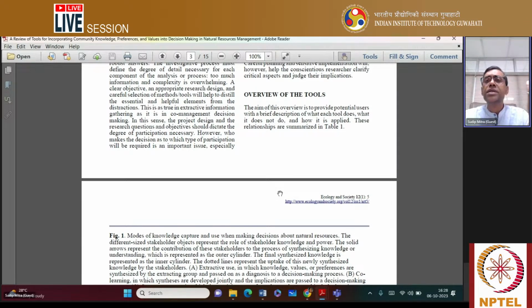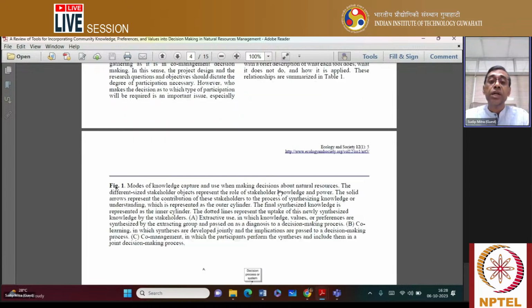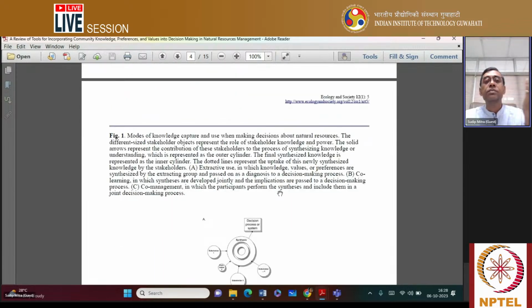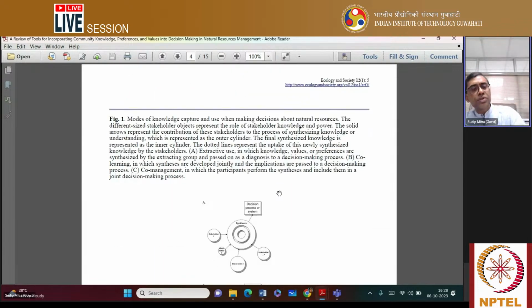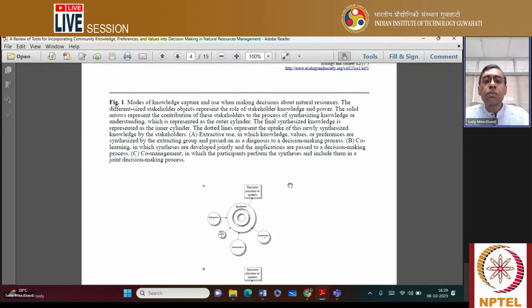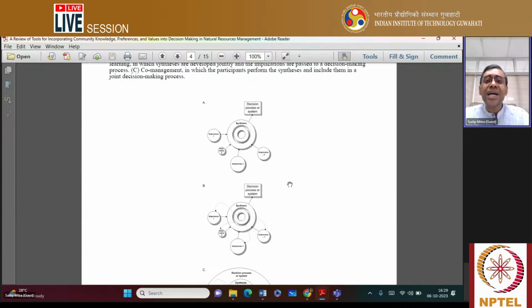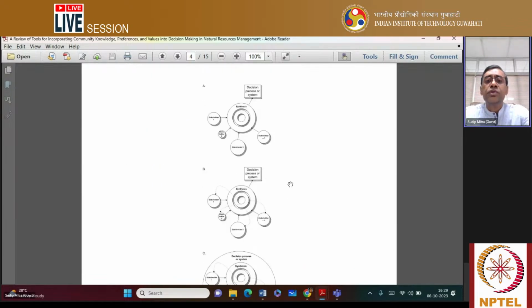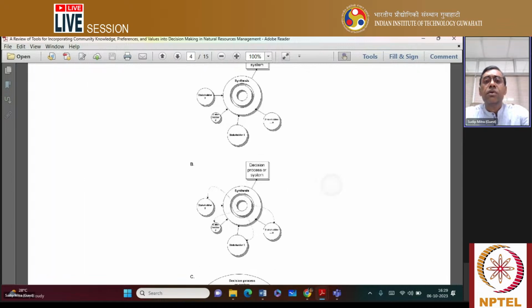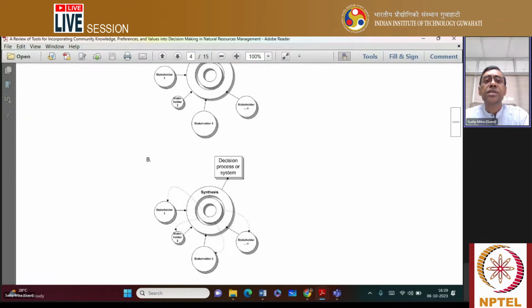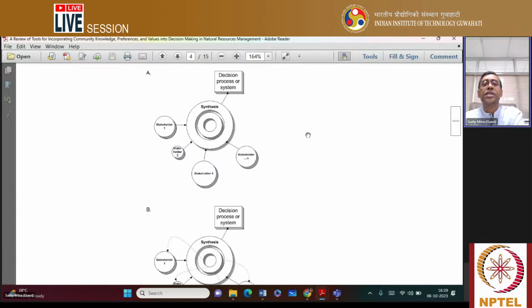Those are also various kinds of tools. Apart from that, we have various decision making tools, and some of the lectures will deal with MCDA. So what I am trying to say is that the decision making process for natural resource management is very, very important.